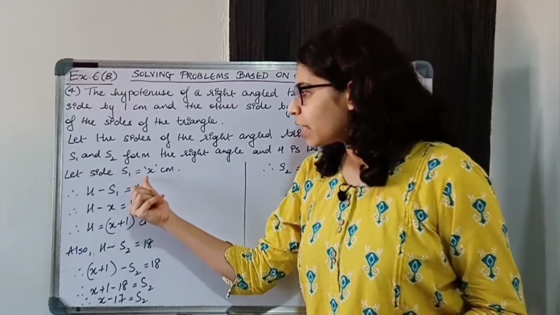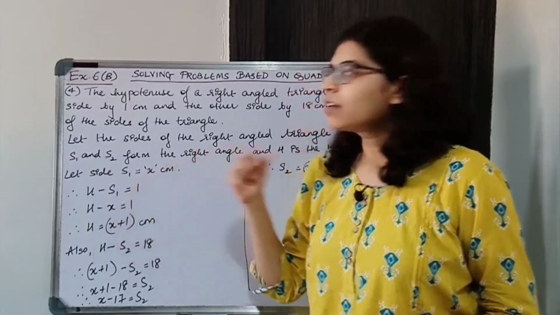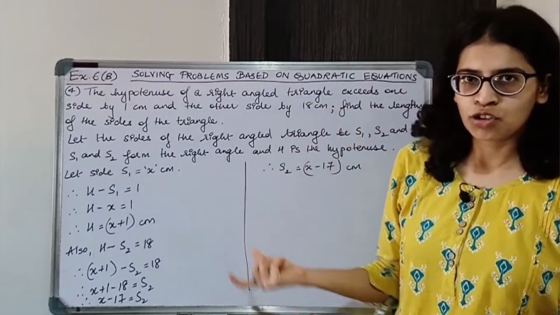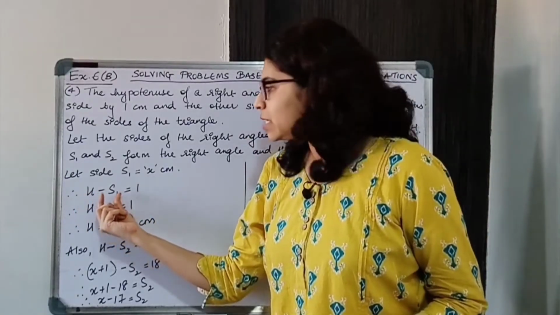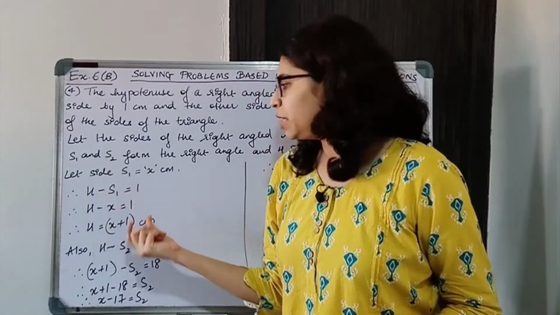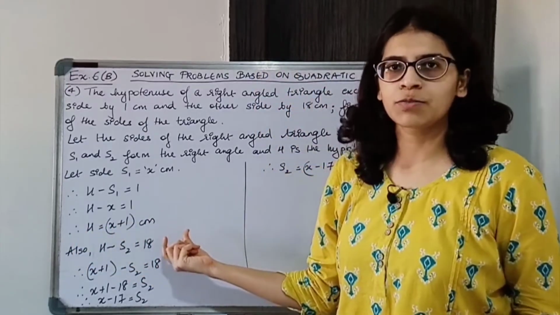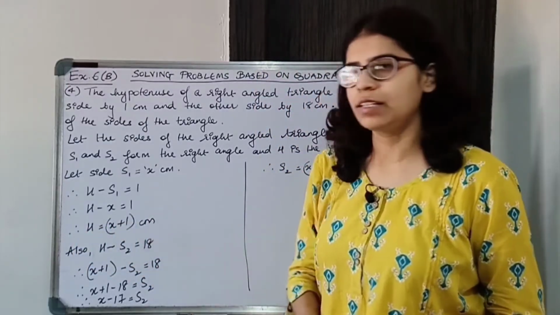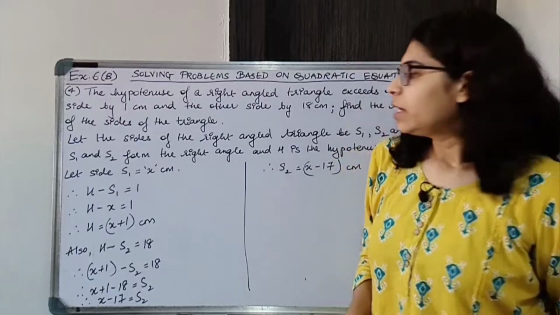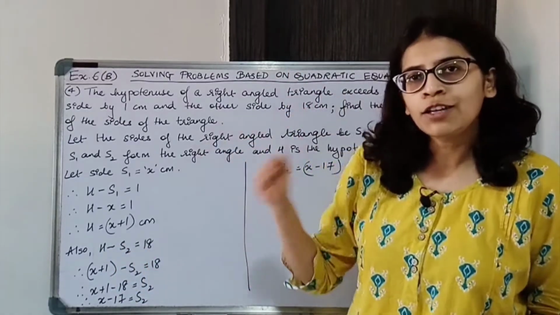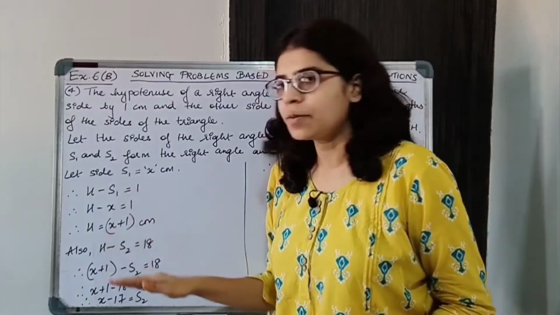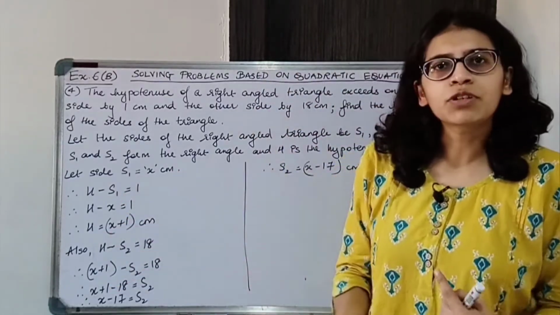We'll follow the condition now. Hypotenuse exceeds one side by 1 centimeter, so we'll get hypotenuse in terms of x. It will be x plus 1 centimeters. Now it is exceeding the other side by 18. Now we know the value of h, so substitute that. So we'll get S2 in terms of x.